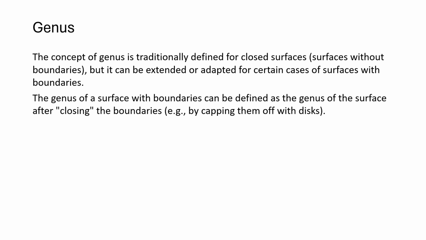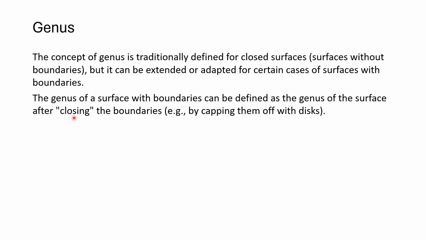The genus of a surface is basically the number of holes, and it's typically defined for closed surfaces like the sphere or the torus. You can extend it in some cases. We're not going to do it here, but I'll just mention it. It can be extended for surfaces that are not closed by capping them off with a disc and then saying that they have the same genus as the surface created after capping it off.